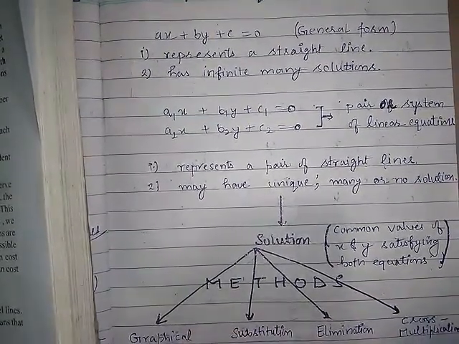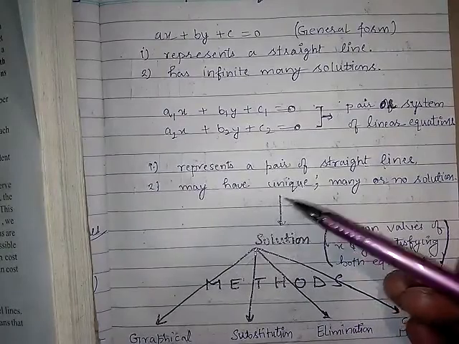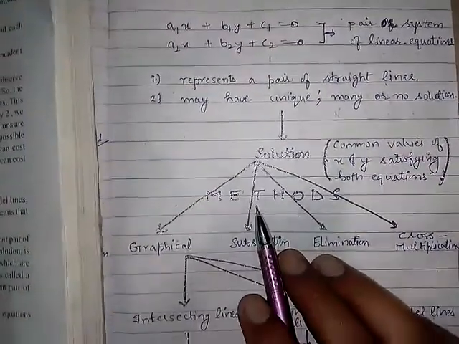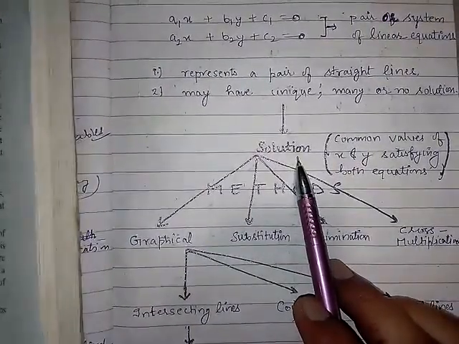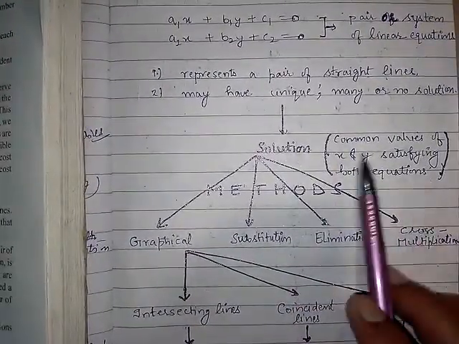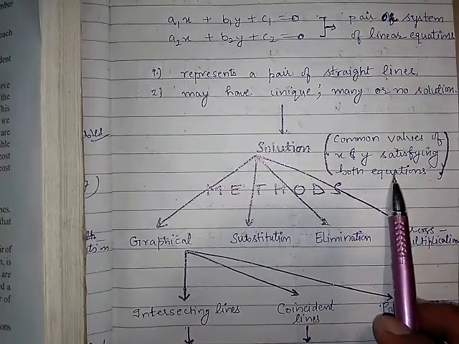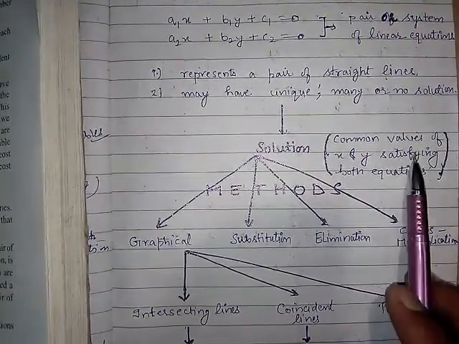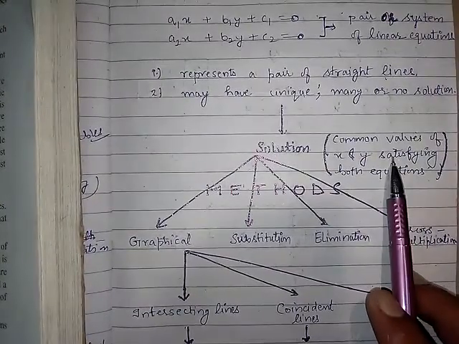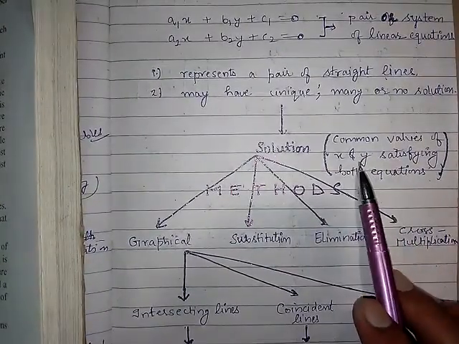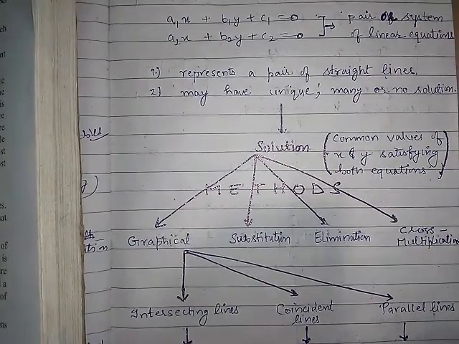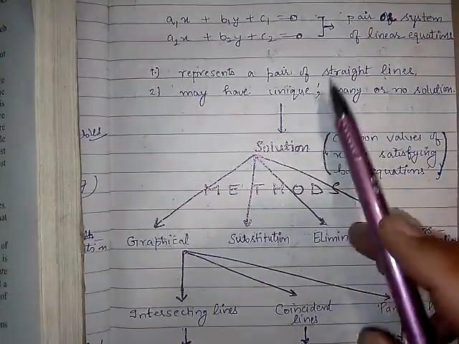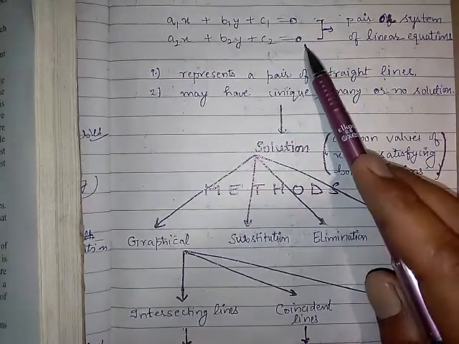Now let's talk about the solution. What do we mean by solutions? Solution means the common values of x and y satisfying both the equations. Satisfying means that when you put those specific values of x and y in the given equations, they will satisfy both equations.